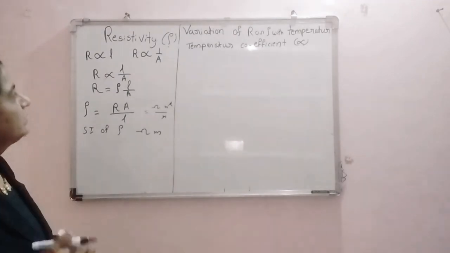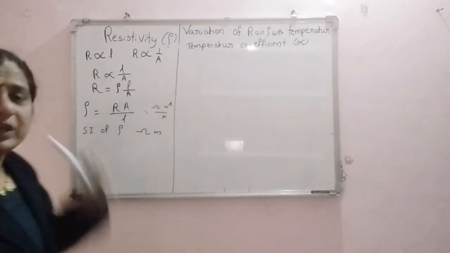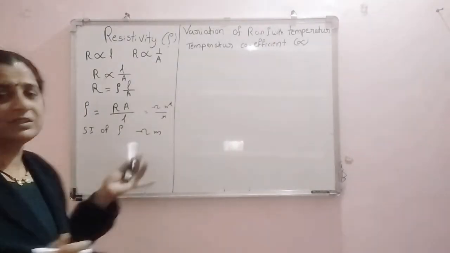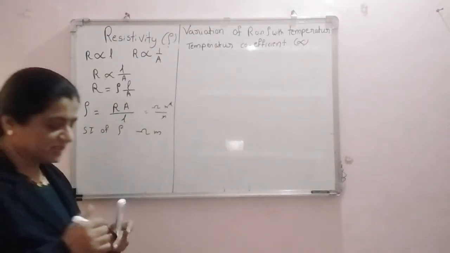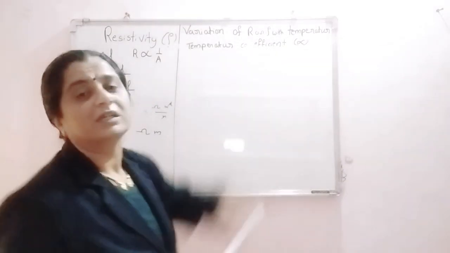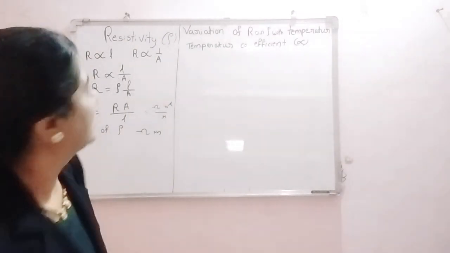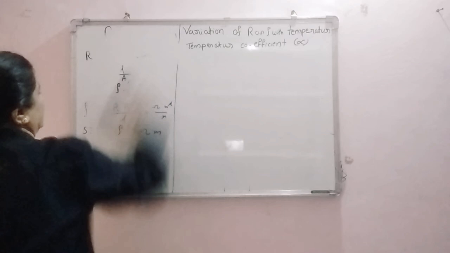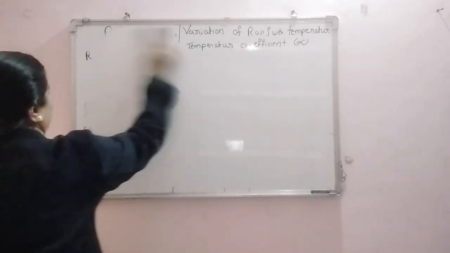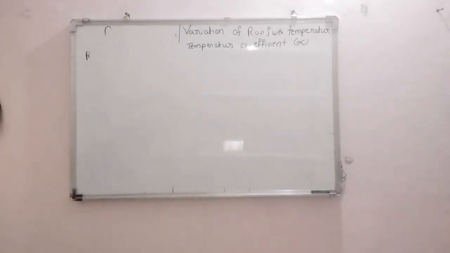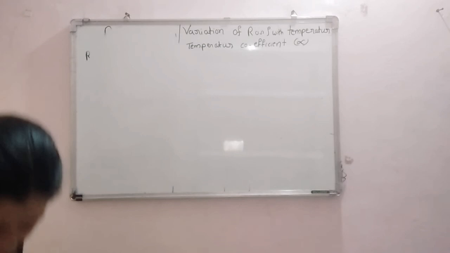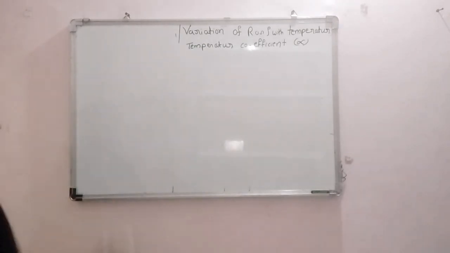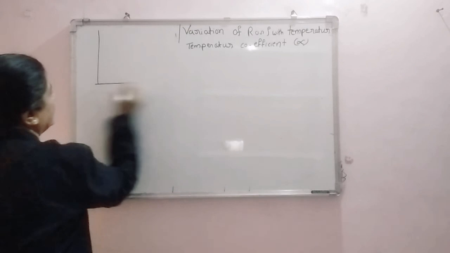Okay. So, next we are going to see the variation of resistance with temperature. The next physical condition is temperature. The resistance will change according to the change in temperature. So, let us consider a graph. If you draw the graph with respect to temperature and measure the resistance, you will get a linear graph.